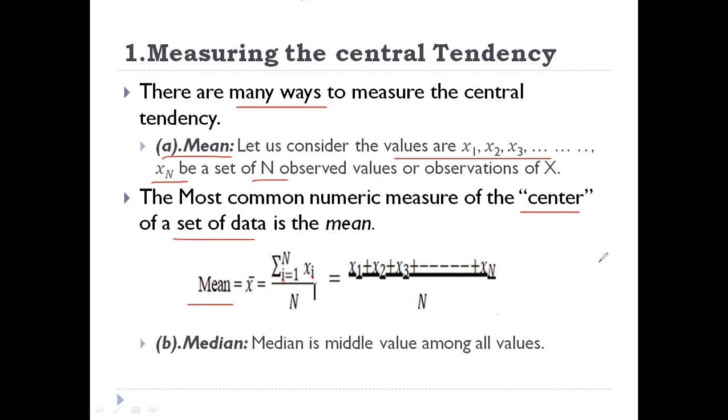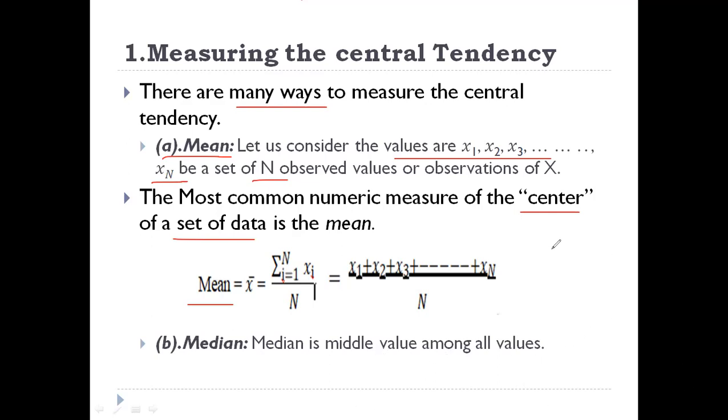Take one column of data in a given data set. If you want to calculate the average of a particular column, you add all the values of that column, then divide by the total number of values. In the same manner, you calculate x1 plus x2 up to xn, divided by n.